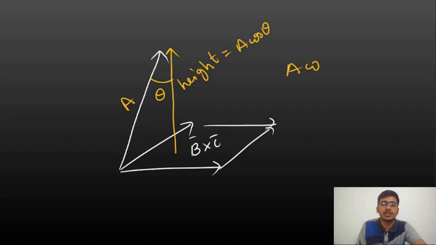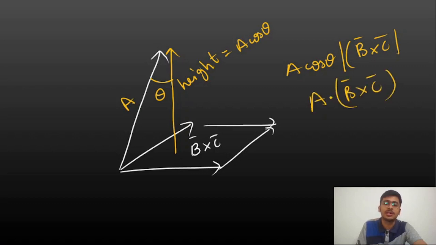Then A cos theta into B cross C's magnitude is nothing but A dot B cross C, because it represents the dot product. So this is how we get A dot B cross C, which is nothing but the volume.